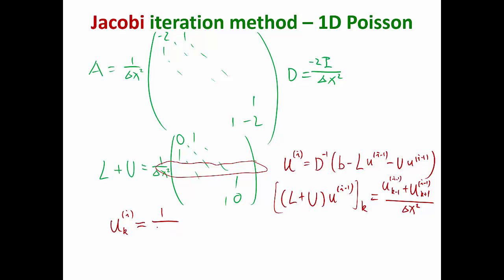Let me write it down so that it's clearer: d kk, and d kk is equal to minus 2 over delta x squared, right? Times b k minus this guy, delta x squared, U at i minus 1, k minus 1 plus U at i minus 1, k plus 1.